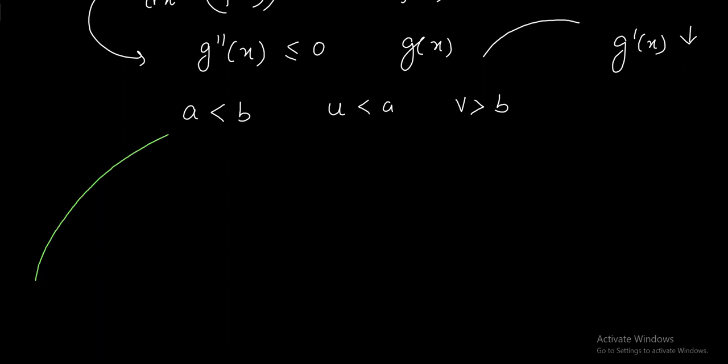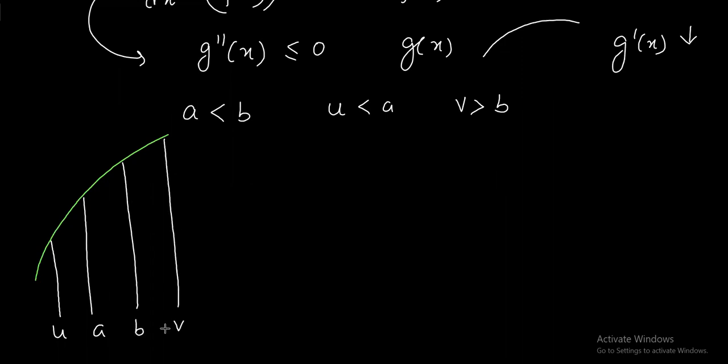Let this be the graph of the function, and the corresponding points I'm just marking. Let this be a and b, and let me take this one as u. So this is u, this is a, then greater than a we have taken b, greater than b we have taken v. Marking the corresponding points on the graph A, B, C, D.